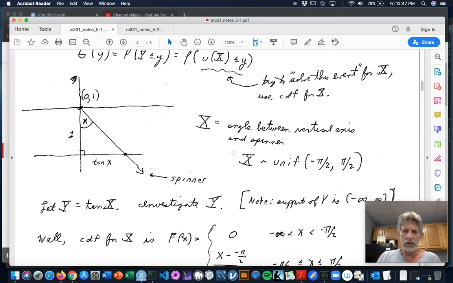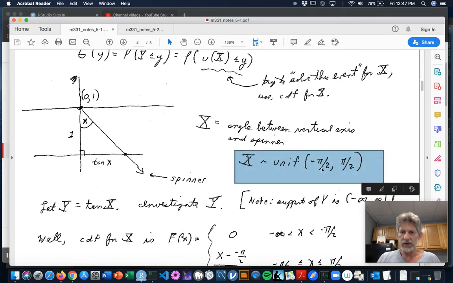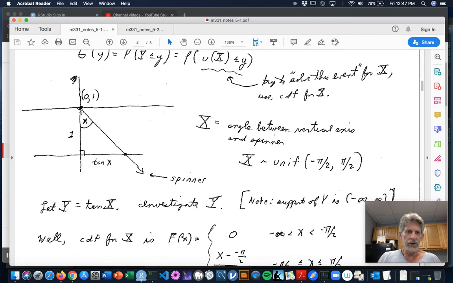Okay, well, what about the distribution of capital X, the distribution of that angle? Well, your spinner could land going straight down, in which case that's an angle of 0 radians between the straight down line and the spinner. It could land practically going all the way over out this way, from the 0, 1, just straight out to the right. That would be an angle of pi over 2 radians.